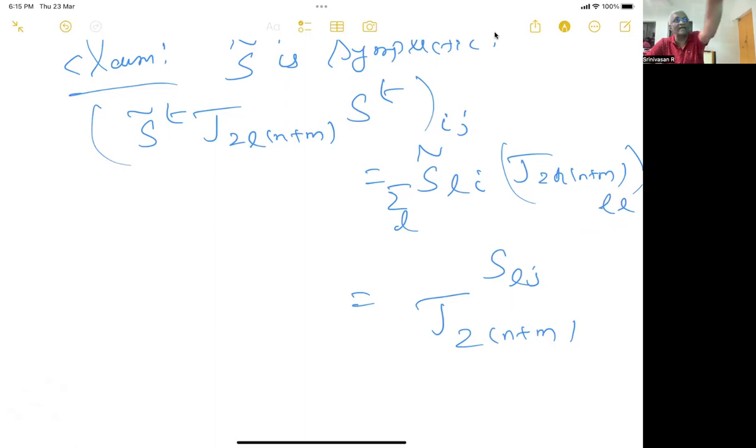All these J_K, LL are the same, and you will get the same J_K. Another thing: if L is not equal to L prime, that is 0, right? That I should say.